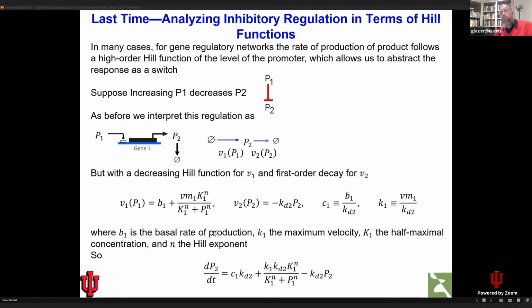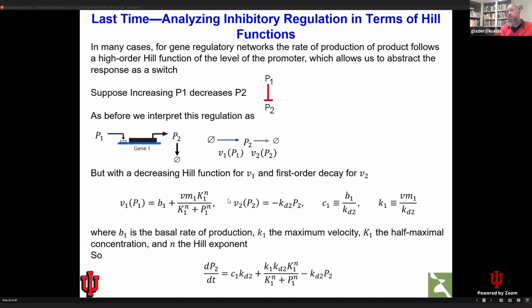The other thing that's pretty useful, and I realize this doesn't look very pretty when you do it, but it's very helpful, is when you have a rate of production and a constant decay, the concentration that you get out of that is Vmax divided by the decay rate. And if you want to build this system so that you can have things interconnect and be compatible with each other, I want to be able to change that rate of production, that Vmax, without changing the final concentration.